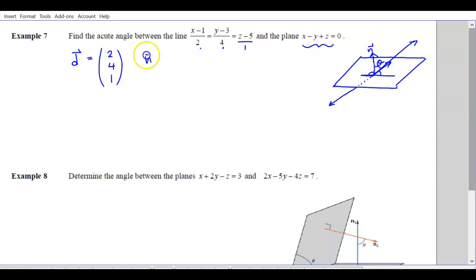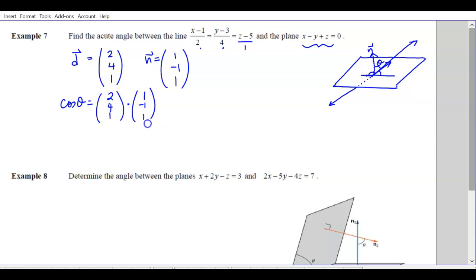Okay, our normal is 1, negative 1, 1. So let's find the angle in between them. That's going to be 2, 4, 1 dot product 1, negative 1, 1 over root 21 times root 3.